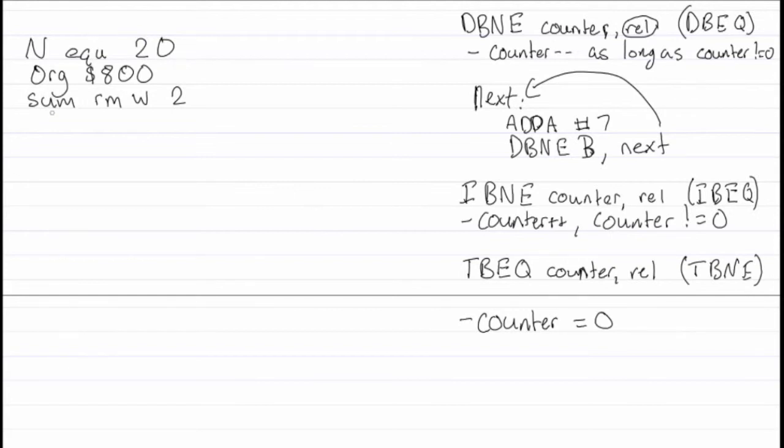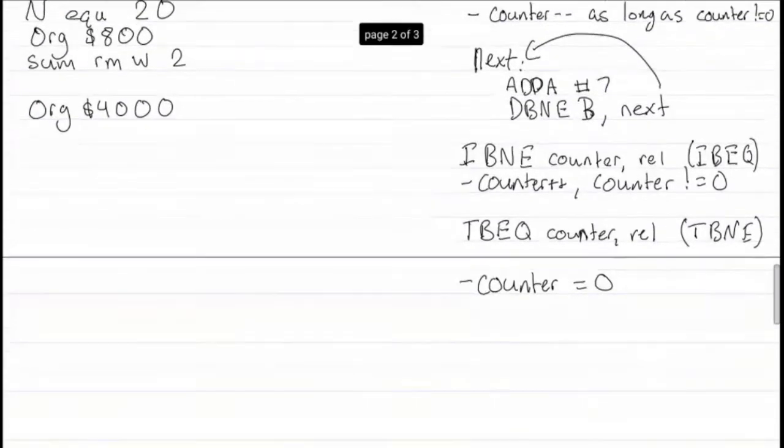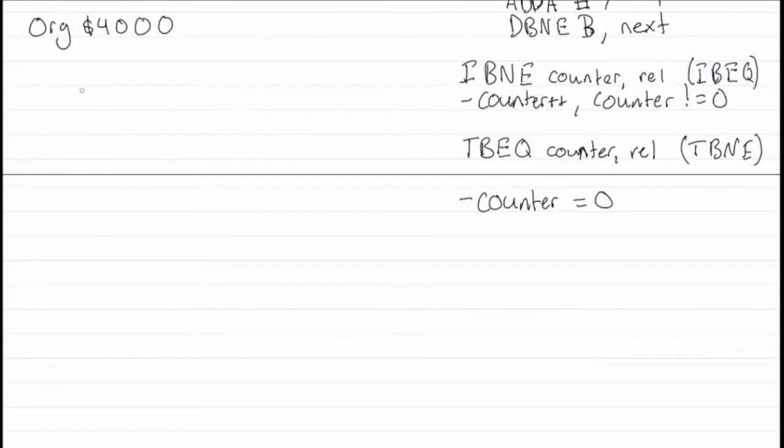Okay, so now let's org 4000. And now we're going to start writing the actual code for the loop. First, what we need to do is load our counter. So I'm going to load accumulator B, and you can use any of the registers except for PC. So you can use A, B, D, X, Y, or the stack pointer as your counter, but you just can't use PC for it.